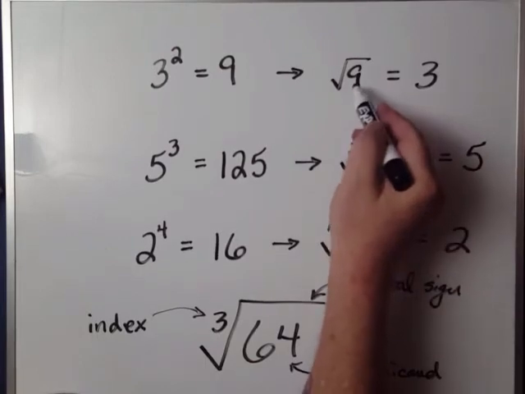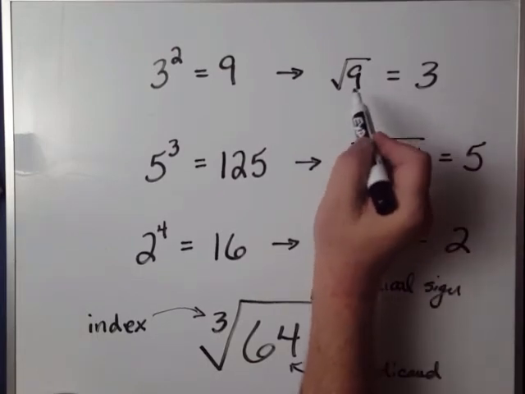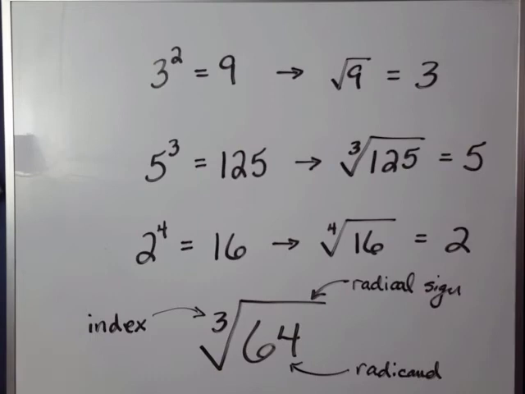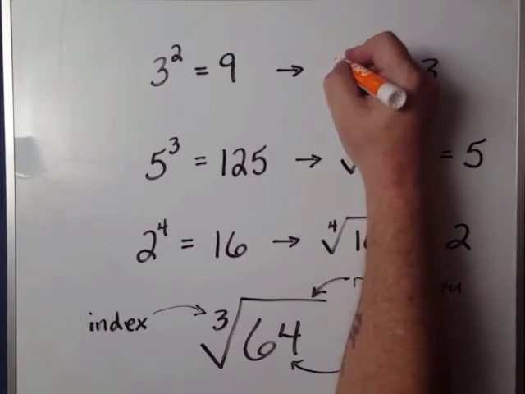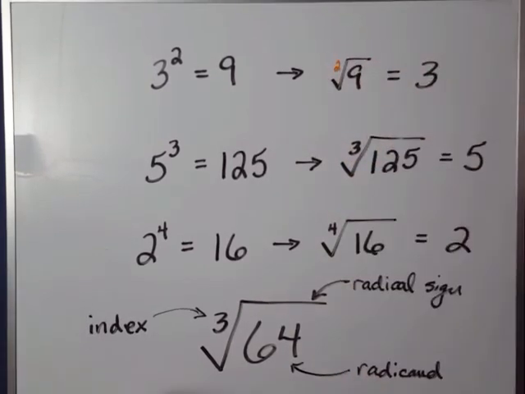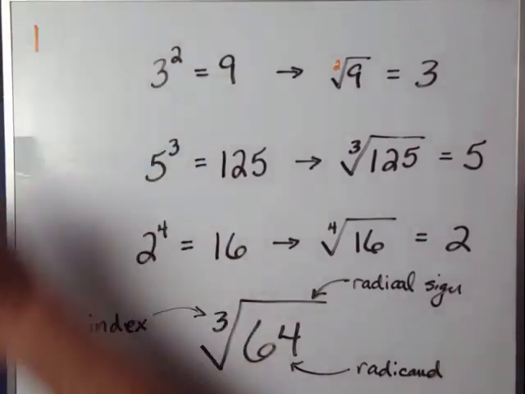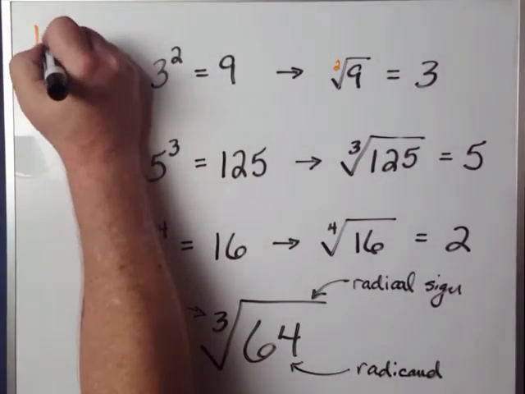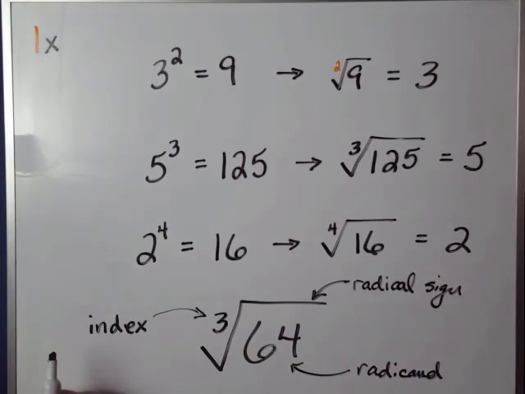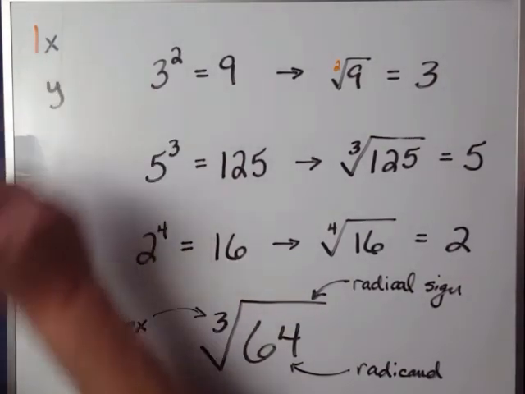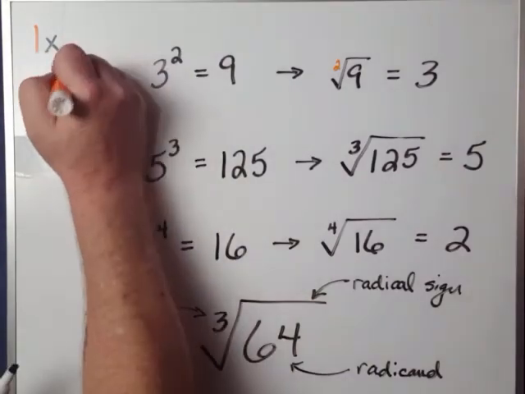When I'm talking about a square root, I understand that the index is 2, but I don't write it. It's just like when I write 1x, but I don't write the 1. 1x is just x. Or y to the first power.